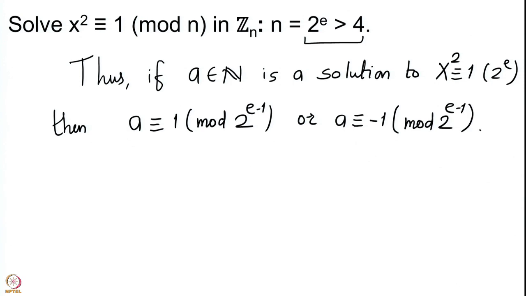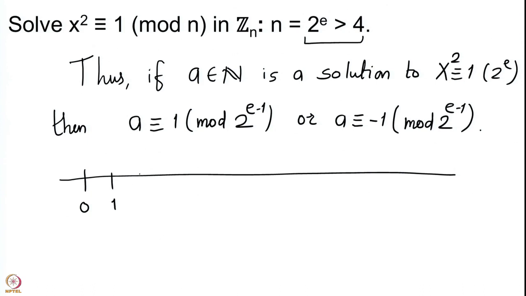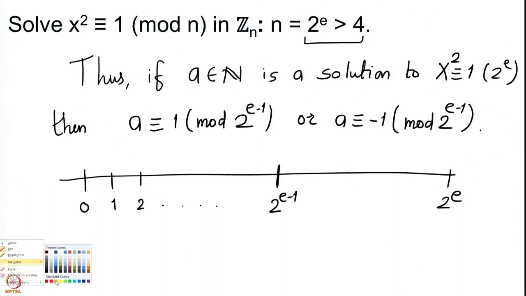So, when we look at the whole set of numbers where we begin, this is 0 which we ignore, then we have 1, then 2 and so on. This is where we have 2 power e, and somewhere exactly in the middle we have 2 power e minus 1. So, the first case tells us that A has to be congruent to 1 mod 2 power e minus 1.